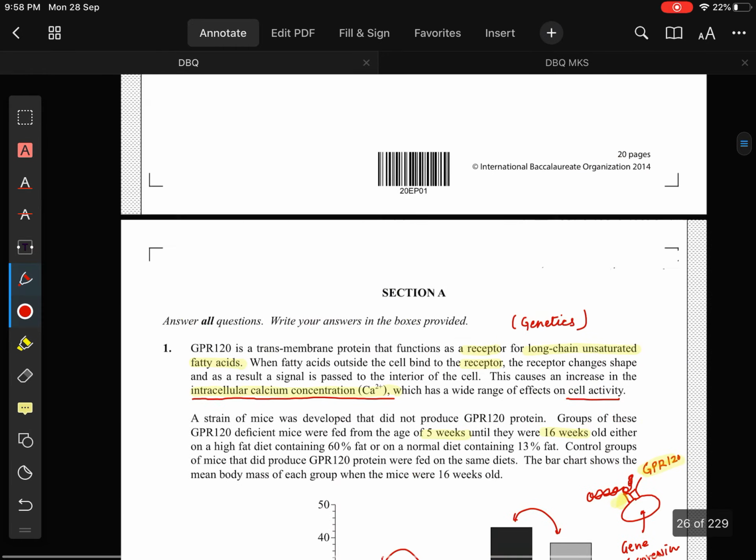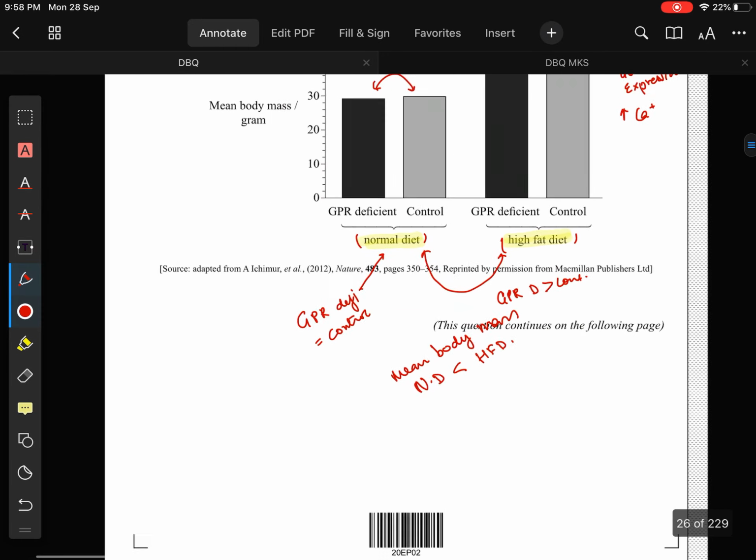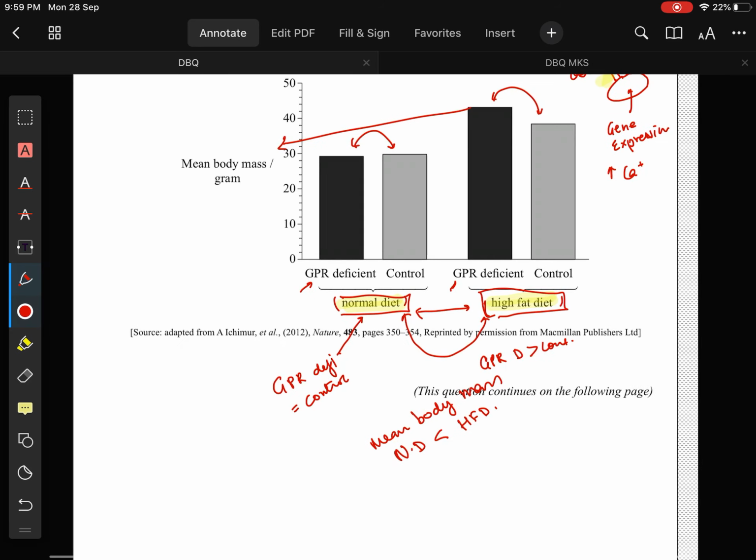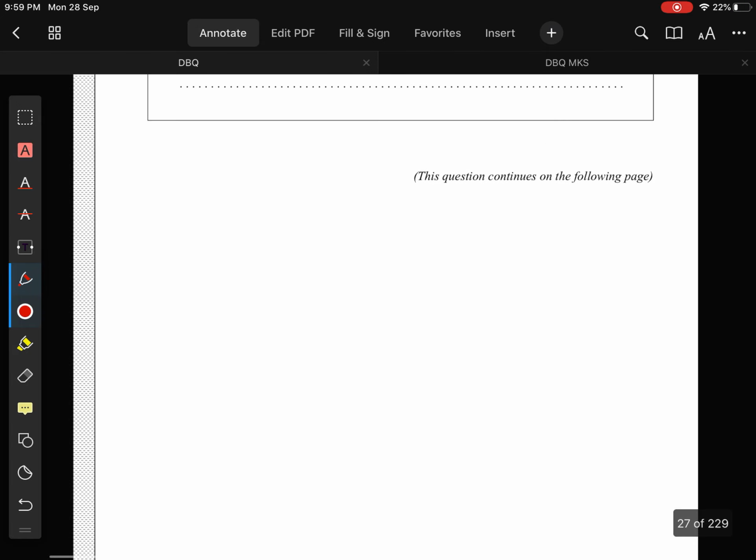First, when we see the graph in this question, there is a change; the only thing we are changing is the diet. High fat diet and normal diet, and diet is an external factor, right? It's not a genetic proposition.